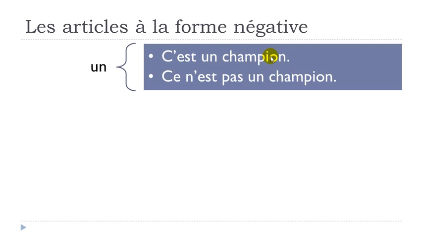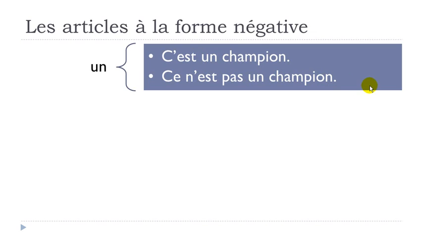Okay, un champion, a champion. So c'est, this is, it is, un champion. And if you want to put the same sentence at the negative form, look, ce n'est pas un champion. So you will keep your article as you had previously here, un.